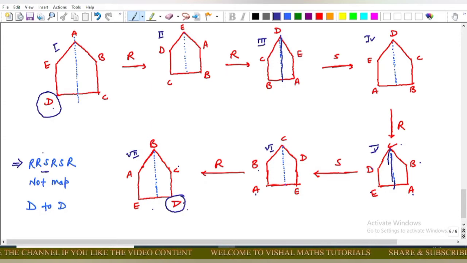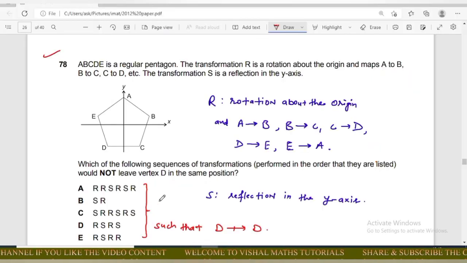And now we have to check which option this is. So come to the given options, that is r, r, s, r, s, r. This is our first option that satisfies the given condition of the question, and options b, c, d and e are incorrect. So option a is correct.